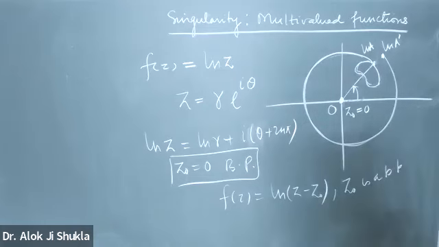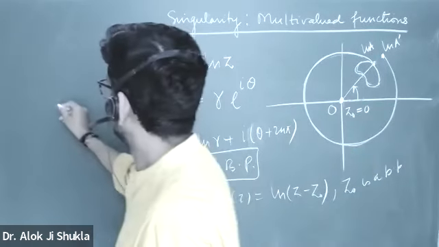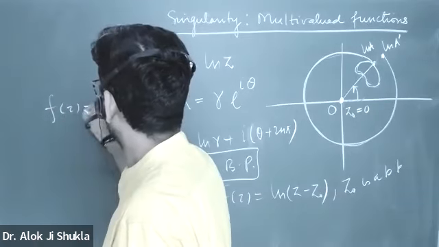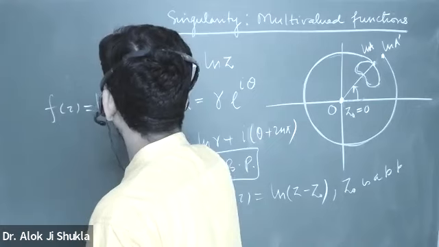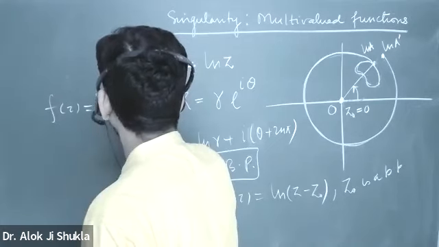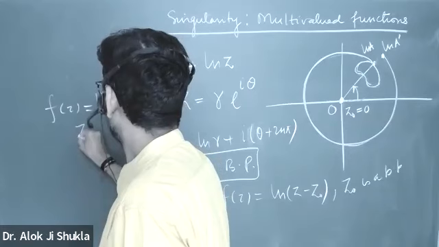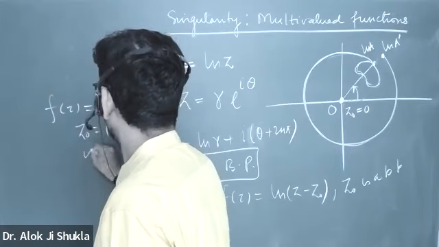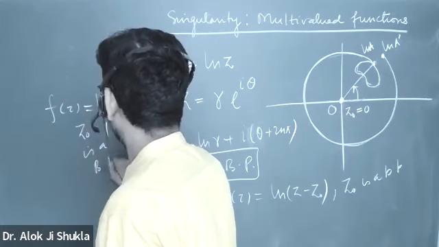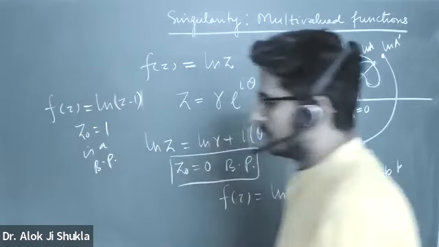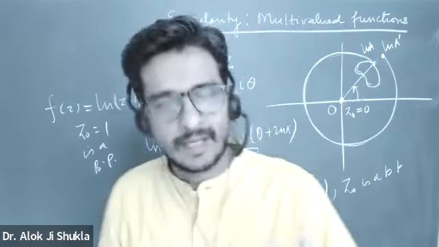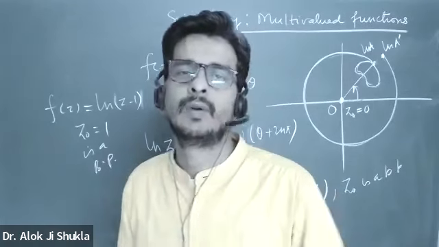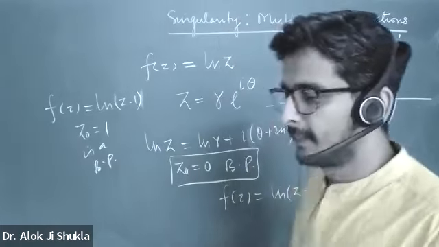In this case also, if I write f(z) is equal to ln(z minus 1), then z is equal to 1 is a branch point. So we have to use this as a singularity, and like we had the poles and we calculated the integrals, we will calculate integrals using this also.